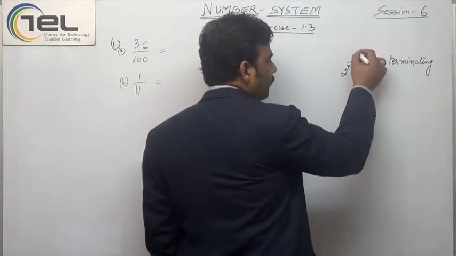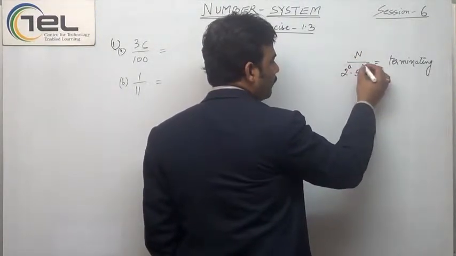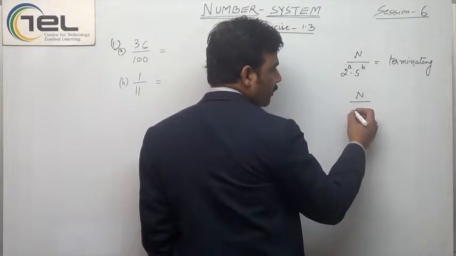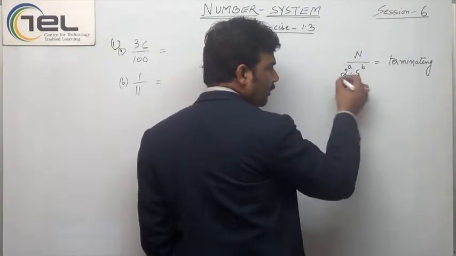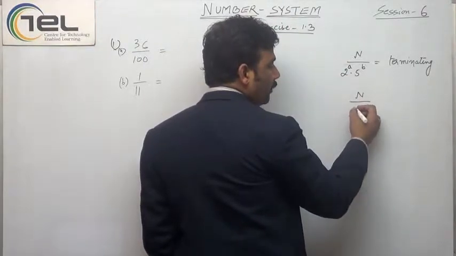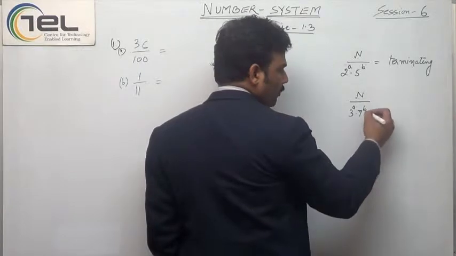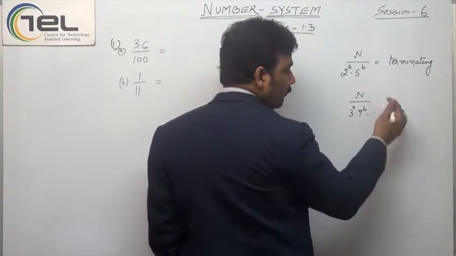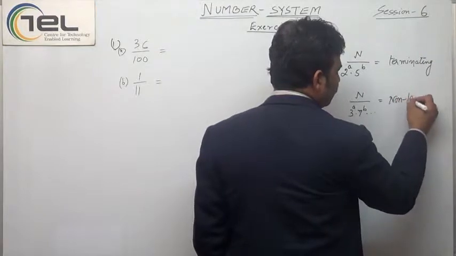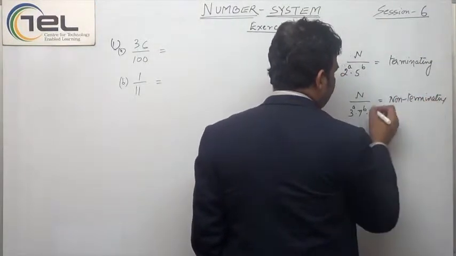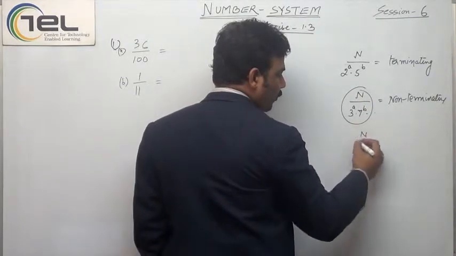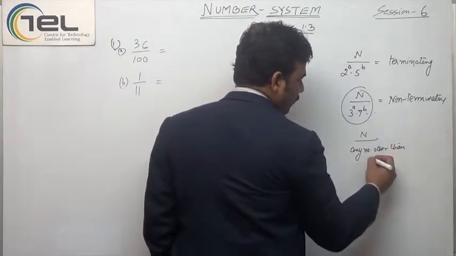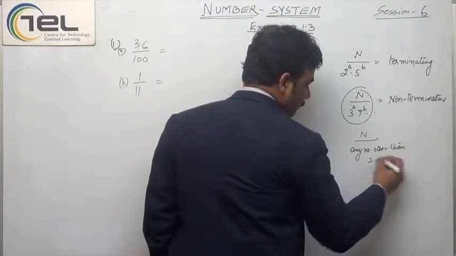Or if a number is n over something like 3 raised to the power a, 7 raised to the power b, whether I can have 2 or 5 also, but we also have 3, 7 like them, then it will be non-terminating. In other words, n over any number other than 2 and 5.